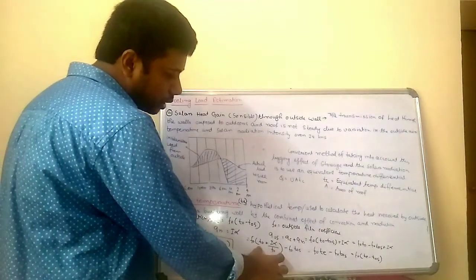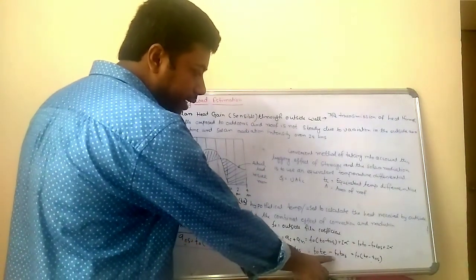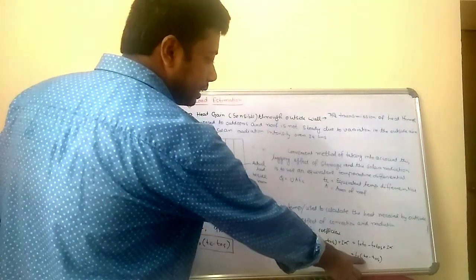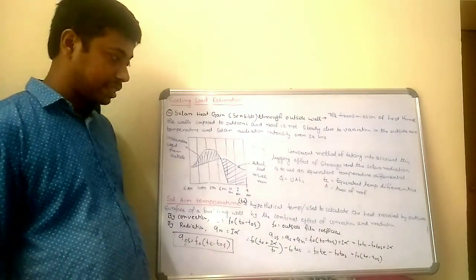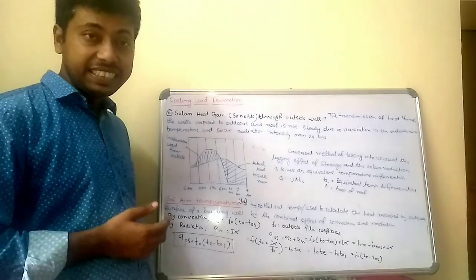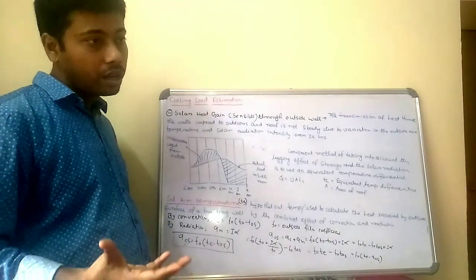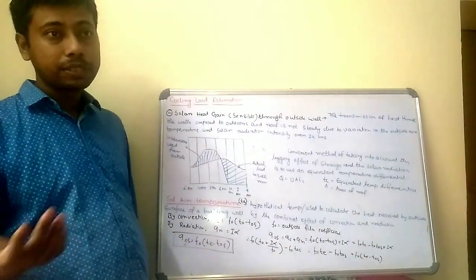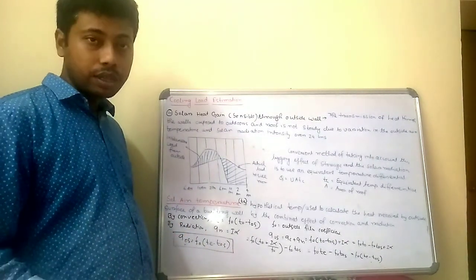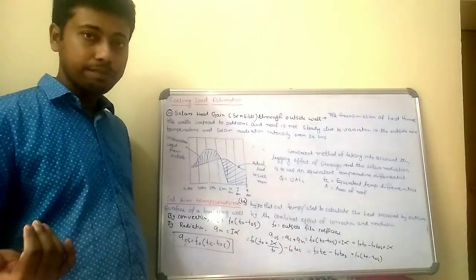So H0 into TE, that is your sol-air temperature, minus H0 T0S. H0 will be common here, so it will be TE minus T0S. H0 is your outside film coefficient, and TE is your sol-air temperature, when you consider convection and radiation, by which the temperature can be increased through walls, minus T0S, your outside surface temperature of the wall.